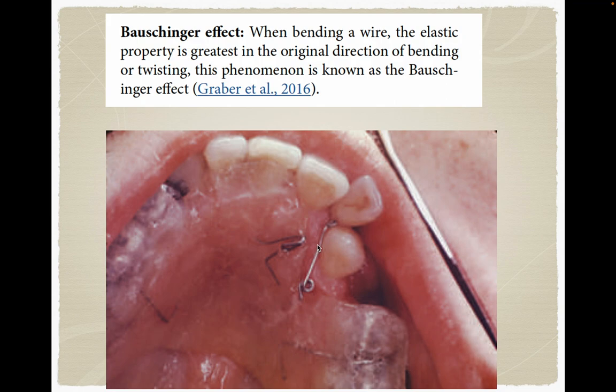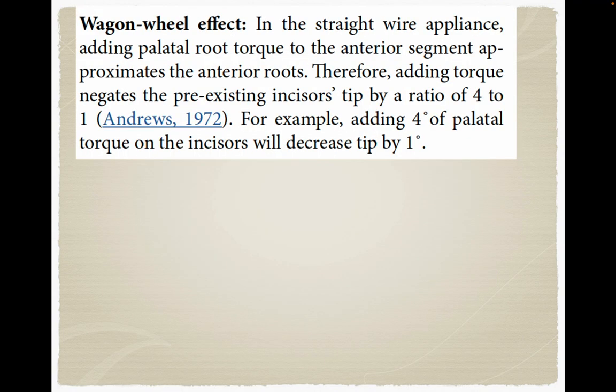If it is used in the same direction, in the same movement, you can see here the canine is moving in the same direction as the bending of the coil. So that will result in more elastic properties. As you can see, the crown is moving in this direction, and the coil is made in this direction, so that will give it more elastic properties.